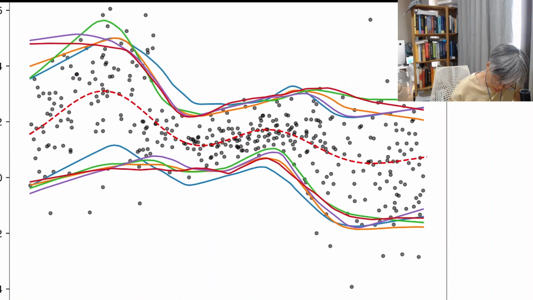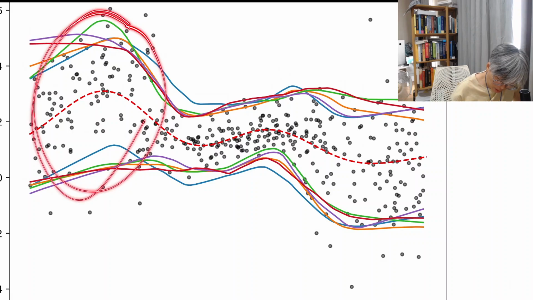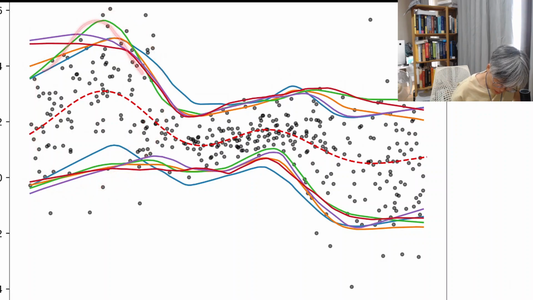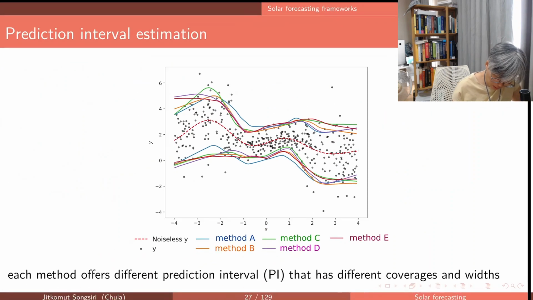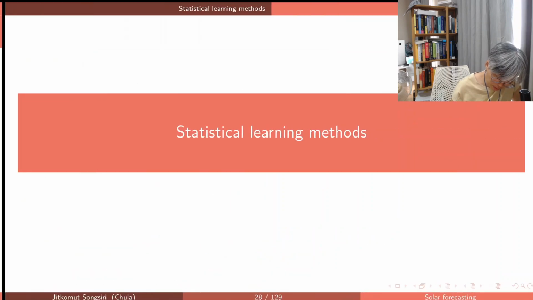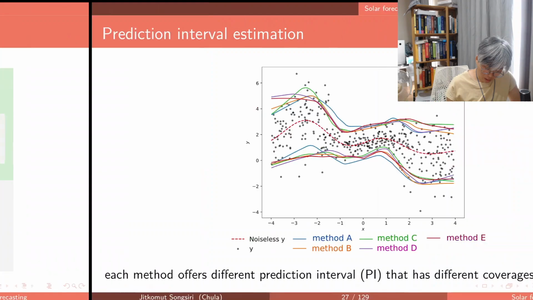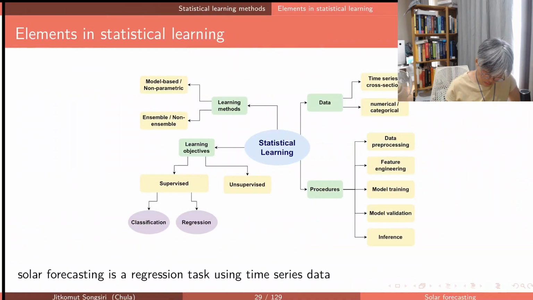You can see that, for example, around this area, the green method gives you a wider width, which is less favorable, while the blue model gives you a narrow width. So this is the benefit of each method, which is not the same.